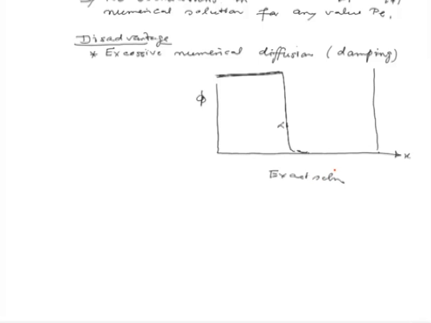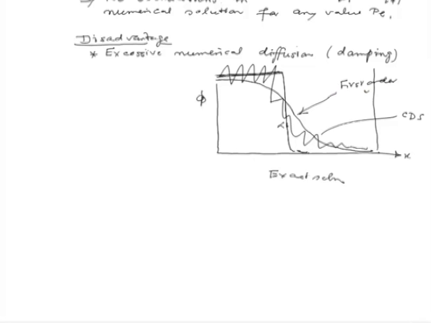If you use a CDS based scheme, it could give us this sort of a solution, lots of oscillation. But if we use this upwind difference scheme, we might have a fairly smoothed out solution. So, you can easily say that this is as if we have introduced an additional amount of diffusivity in our system.